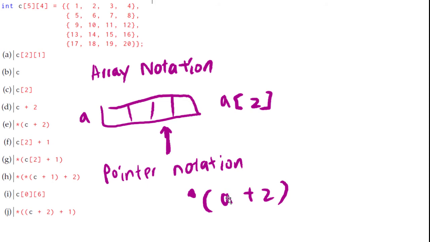Because if you write A only, remember, A is essentially a pointer. This pointer is going to point at the first element. This is why, if we add 1, add 2, we are at this position. So when you dereference it, only then you get the value.